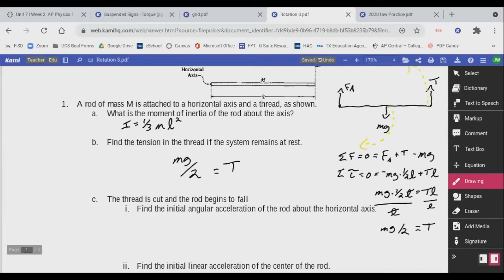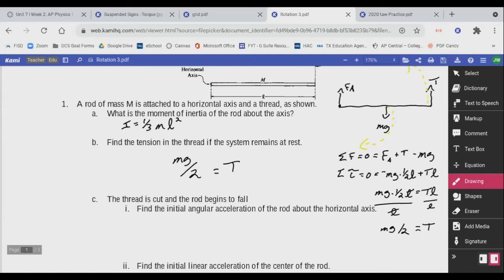Okay. Now that we got that far, do we have any questions on where this came from? Would we do that with the forces equation too, or no? Find the tension in the thread if the system remains at rest. If I did that, I would have more variables though.